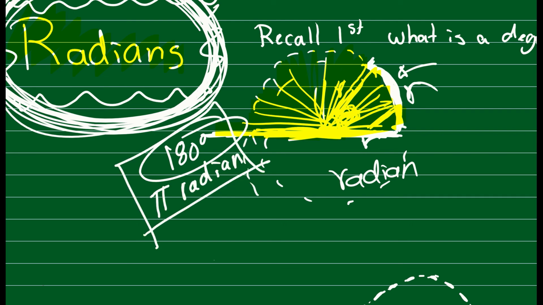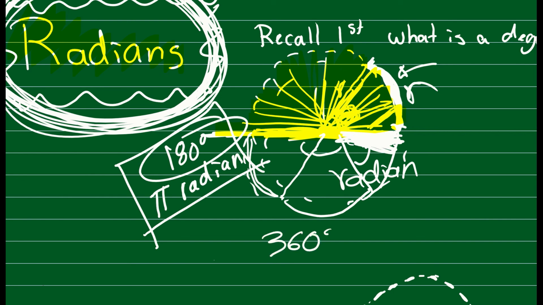And if we continue going, then probably here's another radian, and another radian, and a little bit more of it is left. So now what does that become? 360 degrees is equal to 2 pi radians. And what is 2 pi? Well, 2 times 3.14, 6.2 something.